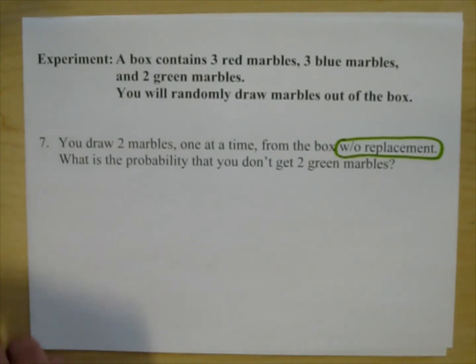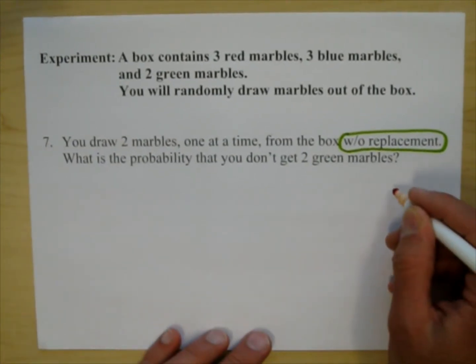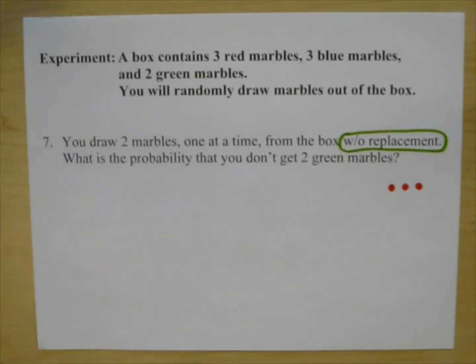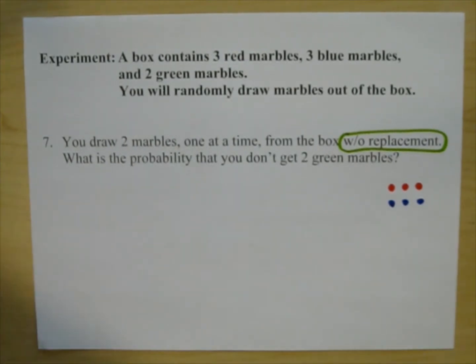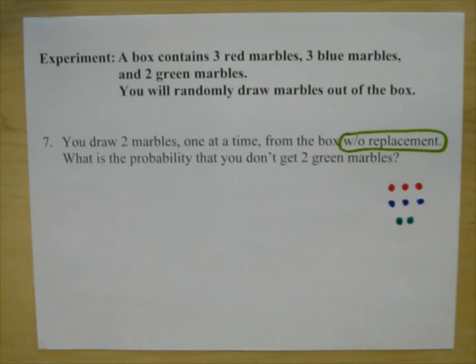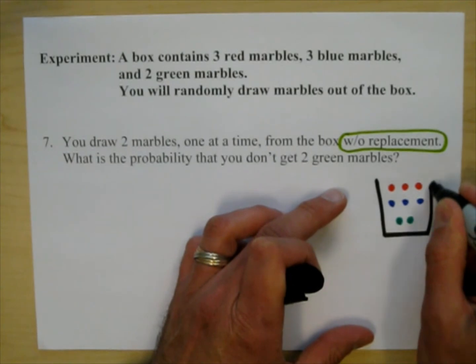So let's go ahead and draw that same box that we drew before. I put the 3 reds, 3 blues, and the 2 greens. Draw the box.